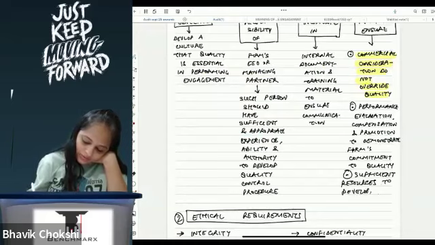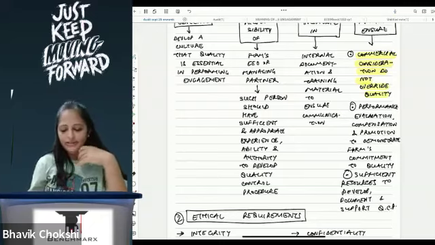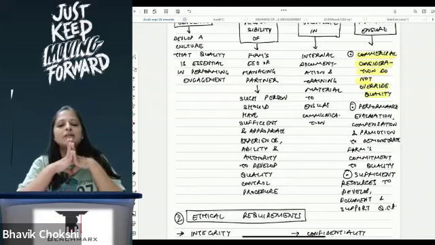Second, performance evaluation, comma, compensation and promotion to demonstrate firm's commitment to quality.